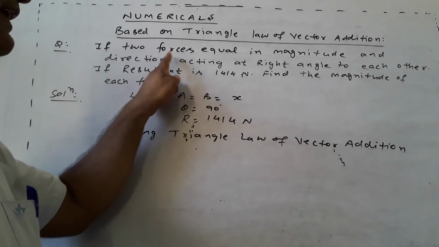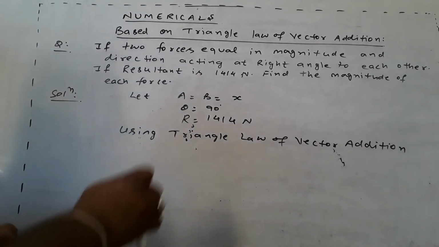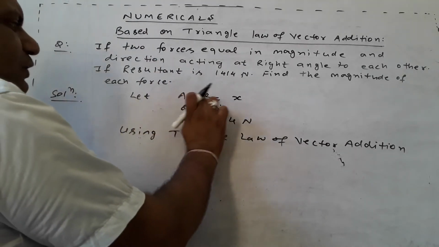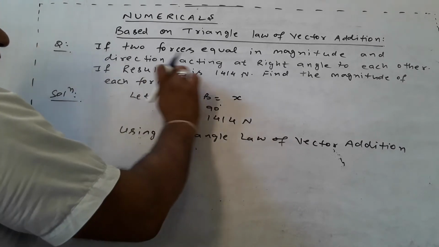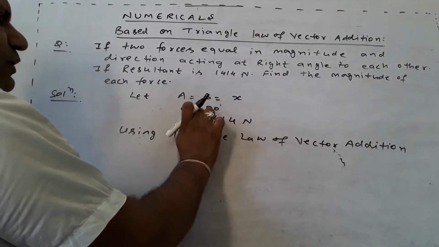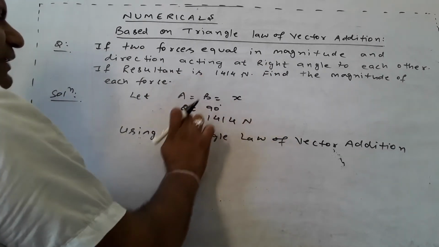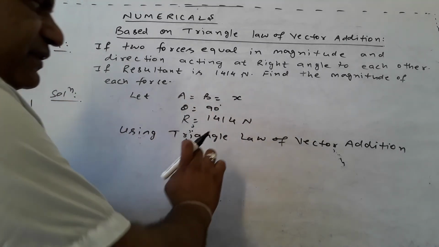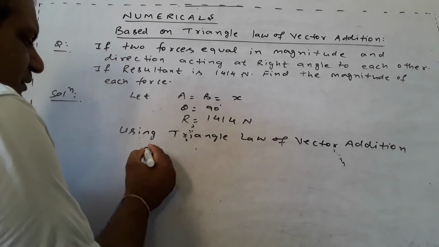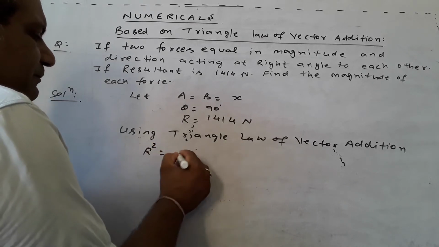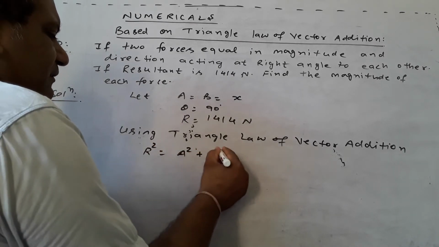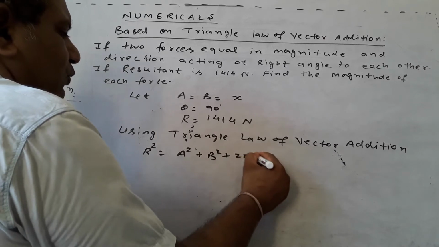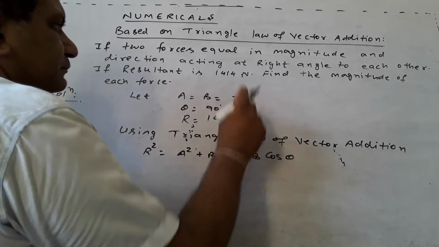Yes, in the question it is given two equal forces. So A is equal to B is equal to x, acting at right angle, theta is equal to 90, and the resultant is 1414 Newton. Now we can use the triangle law of addition: R square equals A square plus B square plus 2AB cos theta.